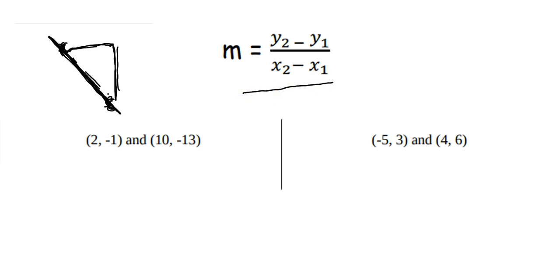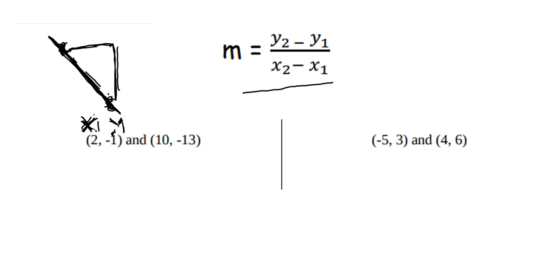First thing I've got to do is label my points. So in my point 1, which is (2, negative 1), the x is 2, so I'm going to label that as x1. That's my x there. And the negative 1 is my y, so I'm going to call that y1.